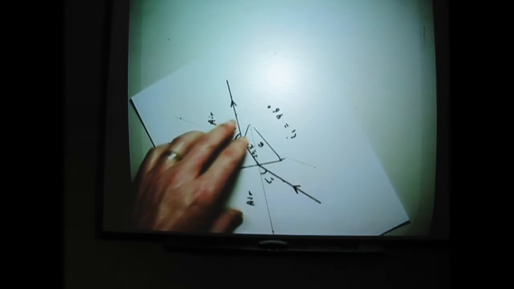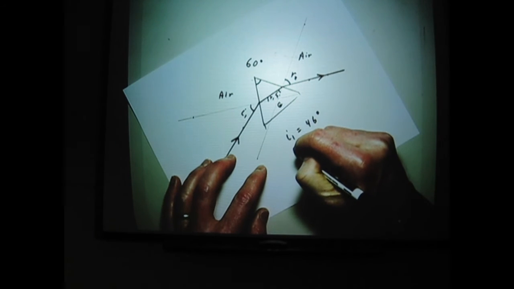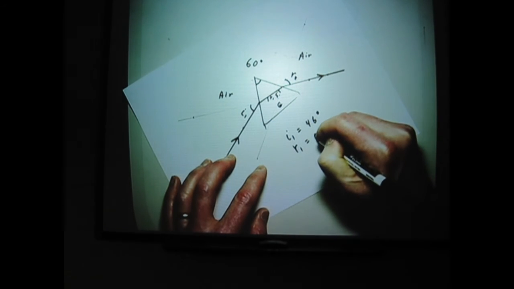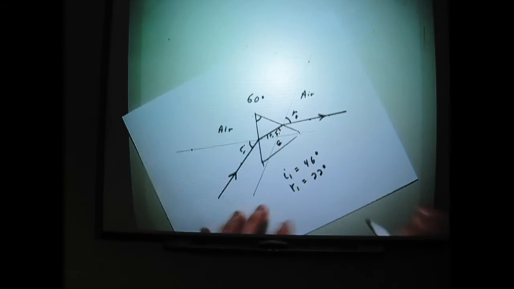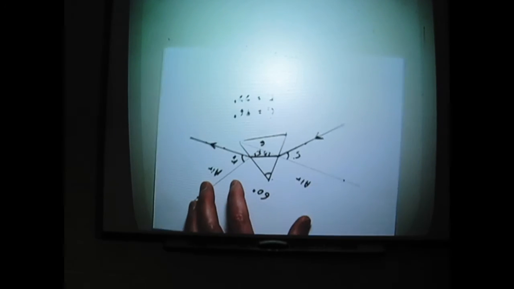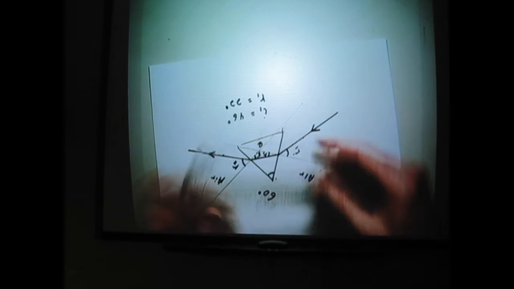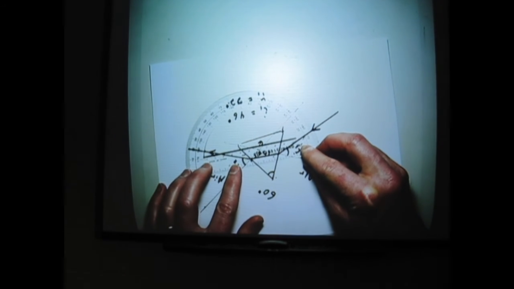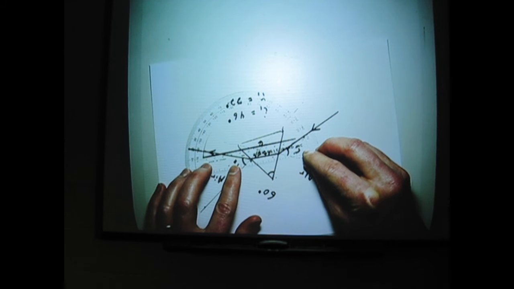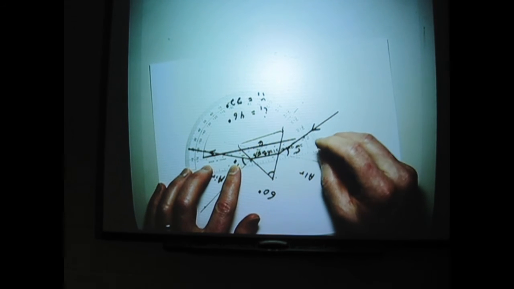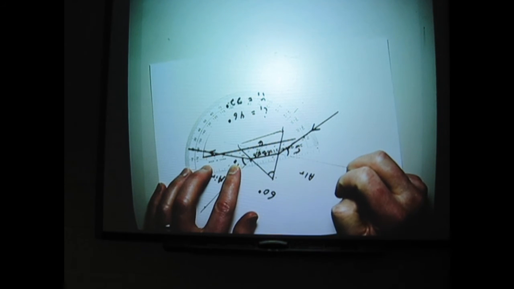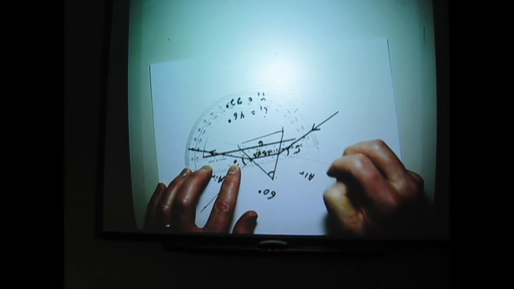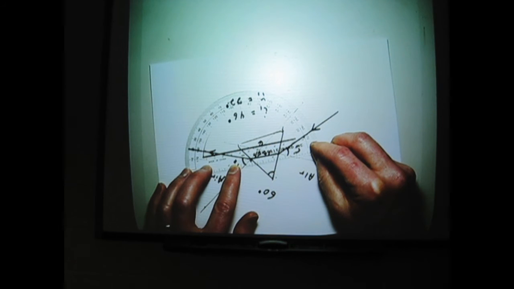So R1 is 22. For I2, say like 35 degrees.